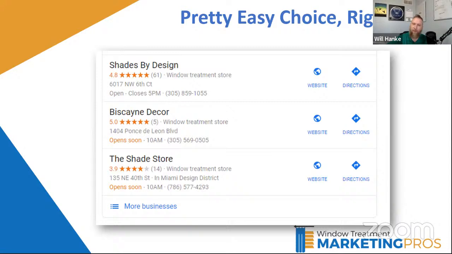In fact, from a percentage point, they're doing better than Shades by Design. And then we've got the Shade Store, 14 reviews with an average 3.9. So from a psychological standpoint, the obvious winner here is Shades by Design in a lot of people's minds, only because social proof is taking place that all of these people are leaving these reviews for this business. It must be great, right?